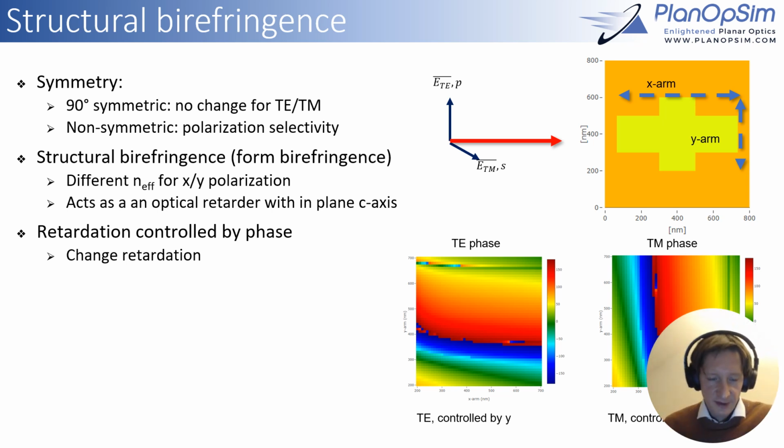So what we have created here is also known as structural birefringence. So in this way we can create any type of optical retardance by the index contrast that we want.